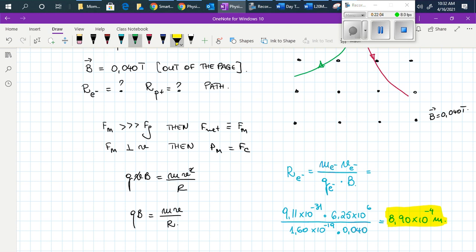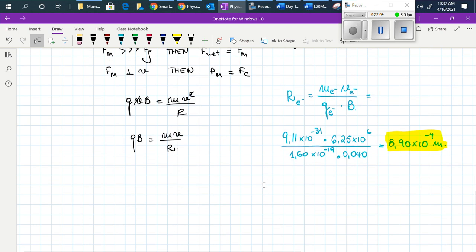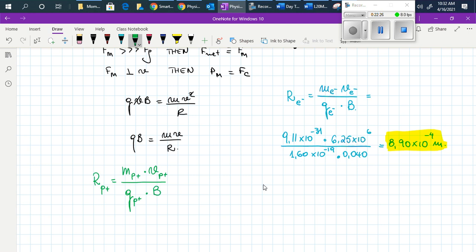Now the same logic we will apply for the proton. So the radius of the proton will be equal to mass of proton times velocity of proton over charge of proton times magnetic field strength. The velocity is the same as the velocity of the electron.